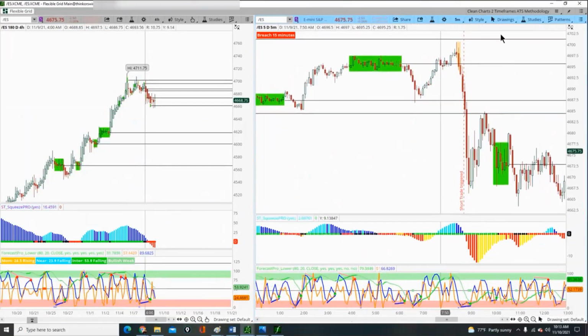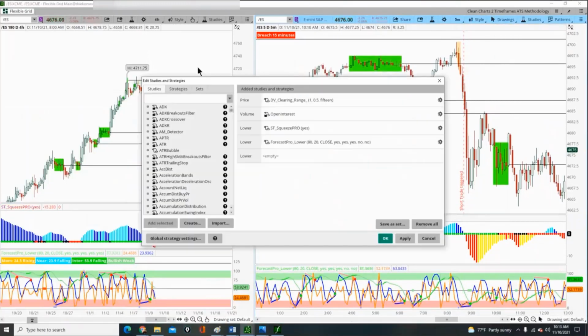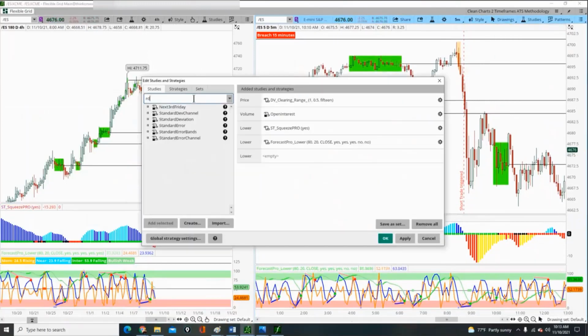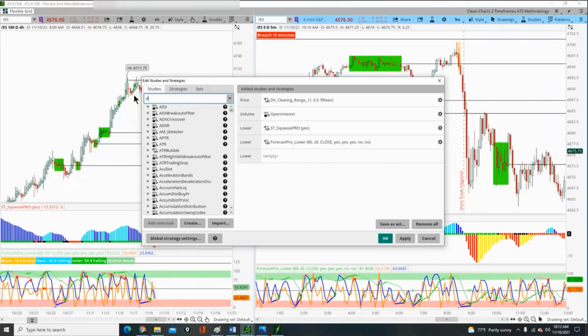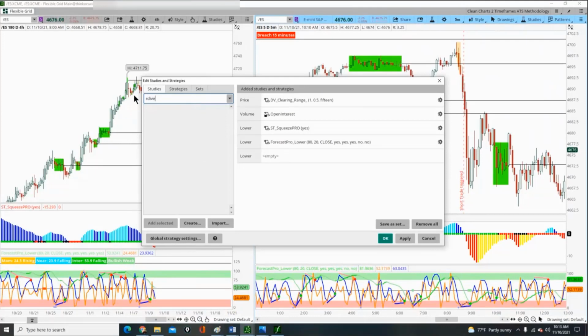And what I am going to do is put the Ready and Fire on also. Just bear with me. I think there's R divergence, right? Where's it at? It's here somewhere.